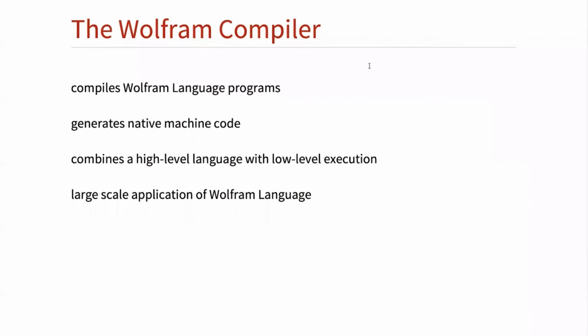So the first thing I'm going to start out with is giving an overview of the Wolfram Compiler. The Wolfram Compiler is a way to compile Wolfram Language programs, to translate Wolfram Language programs that you might write into native machine code, the lowest level of instructions that run on the machine.